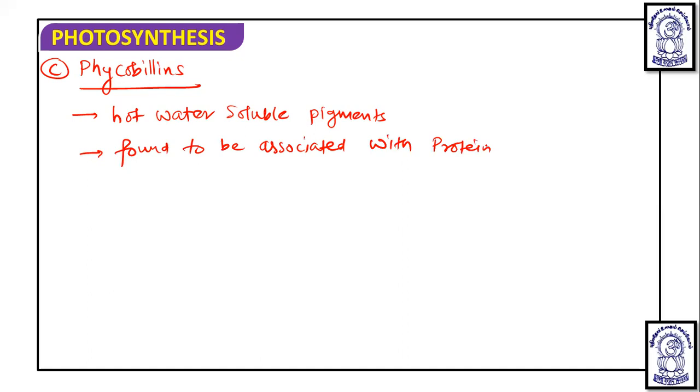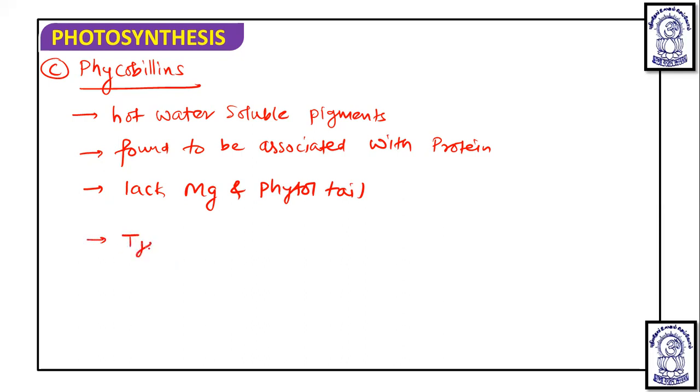They are not found singly; they are found to be associated with protein. Apart from this, they lack magnesium and phytol tail compared to chlorophyll A. They are open tetrapyrrole pigments, meaning the open four pyrrole rings ultimately form phycobilins.